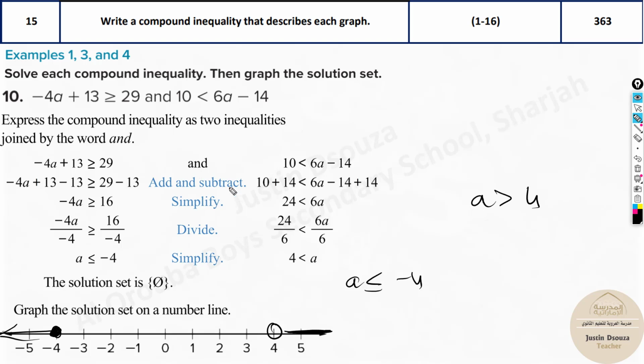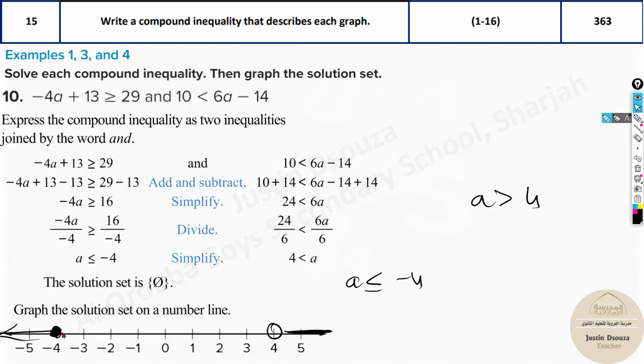Here, what is used? And can this happen? For this inequality, this is OR inequality. For and, we can't have that. We must get a range within which is the solution. Now, is there any point which must overlap in both? And means the same solution must be overlapping in both.